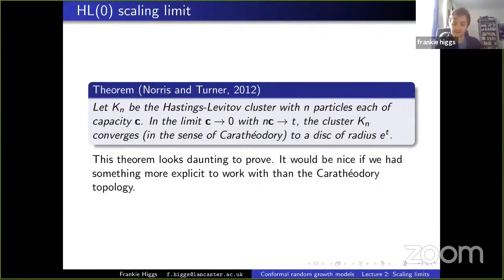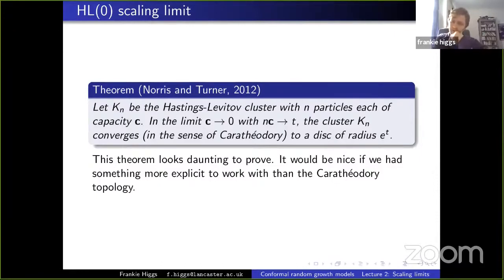So this is taken from the 2012 paper by James Norris and Amanda Turner, in which they prove quite a few results about the Hastings-Levitov model with alpha equals 0. So this is where all the particles have a fixed deterministic capacity and all the angles are chosen uniformly at random on the circle, independently of each other.